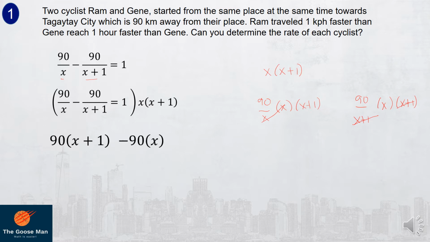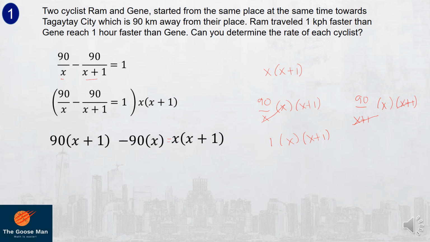So I have here 90 times x. Since this is negative, I write here negative 90 times x. Also, I have here 1 times x plus 1, so I come up with x times x plus 1. So do not forget to write your equal sign here.